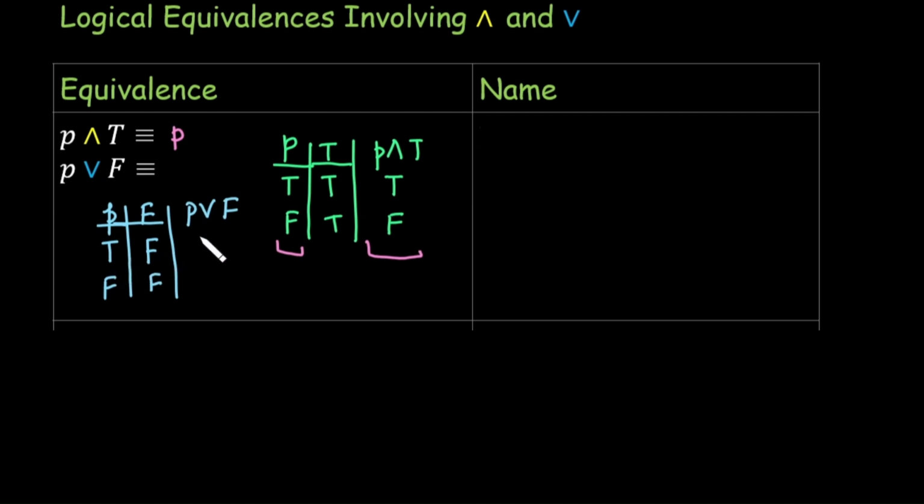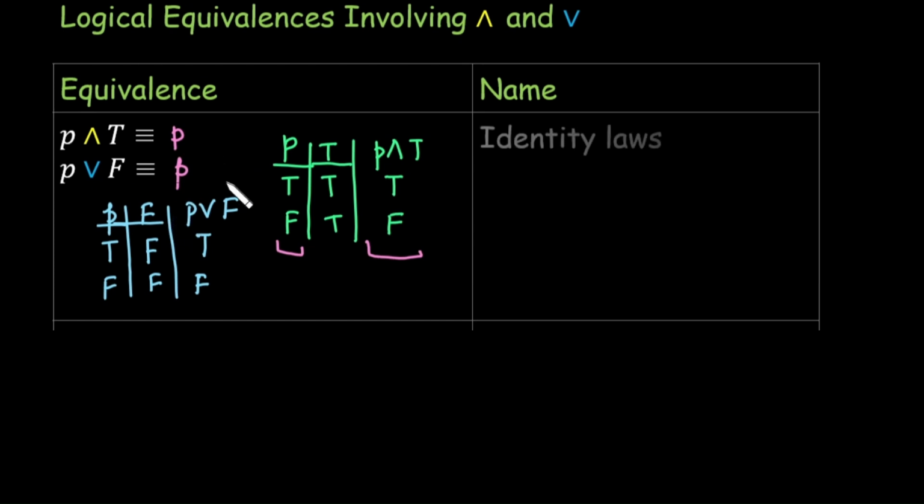So what does this statement become? True in the first case and false in the second case. You can check that P or false has the same truth values as P, so P or false is logically equivalent to P.